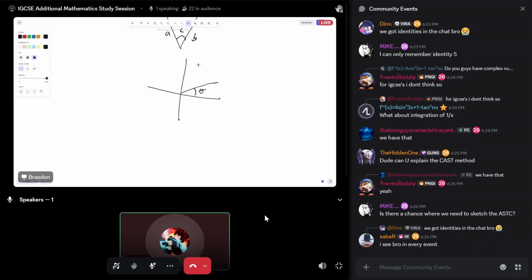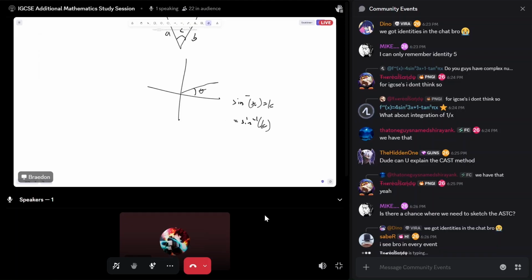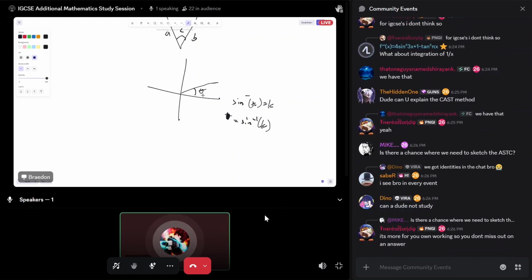This is the principal value here. So this is sine x equals k, and the principal value equals inverse sine of k.